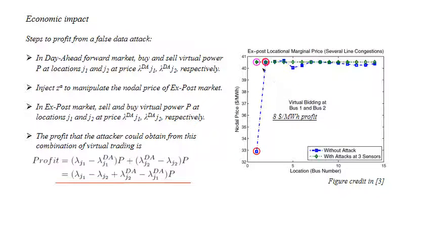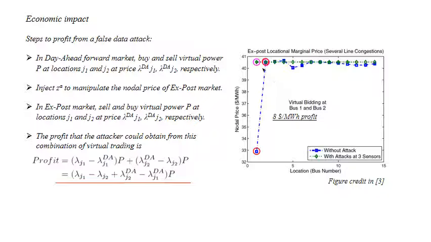So what are the steps an attacker has to take to profit from such an attack in virtual bidding? Well, first, it has to be a virtual bidder. Usually these are financial institutions that are allowed to buy and sell virtual power in the power markets.